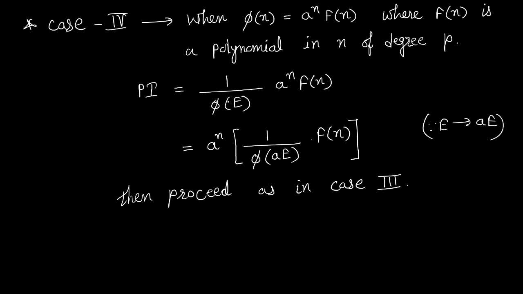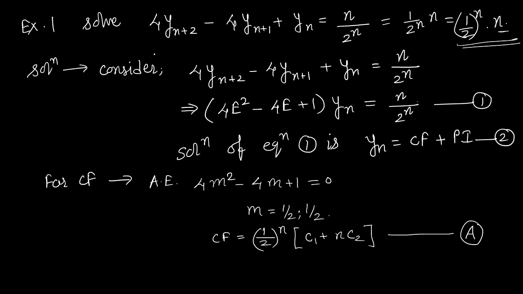In that case, we have to write this a to the power n outside, and then this E is replaced by aE. Therefore, here 1 upon phi of aE into f of n, and then proceed as in case 3. Now we discuss problems on this.